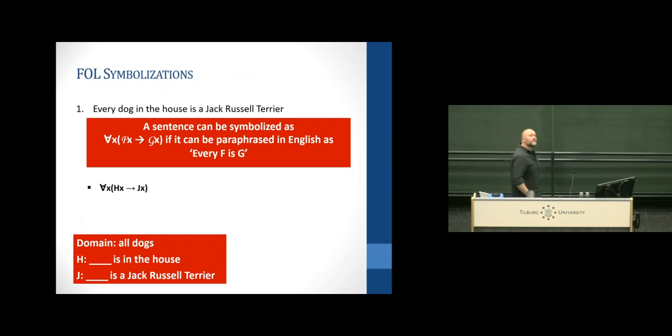Oh, like kind of distributing it out? So that would say if everything's an F, then everything's a G. Which would be entailed by this, but doesn't entail this back.